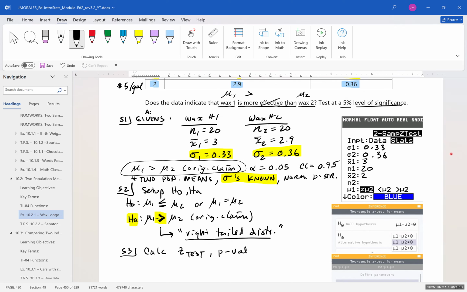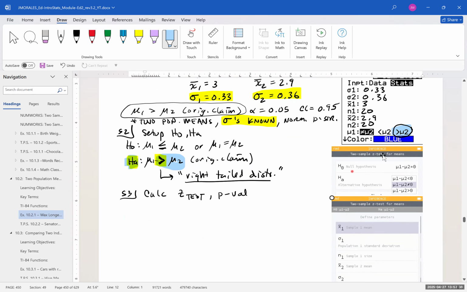Then the sample mean in the second sample is 2.9 with a sample size of 20. And remember, this is our alternate hypothesis here, which is mu1 greater than mu2. This greater than mu2 is what we've got right here under the alternate hypothesis.